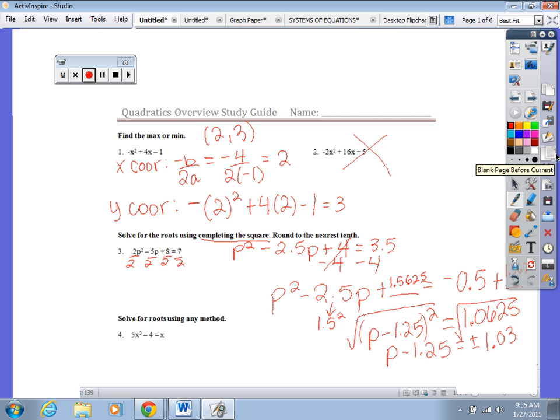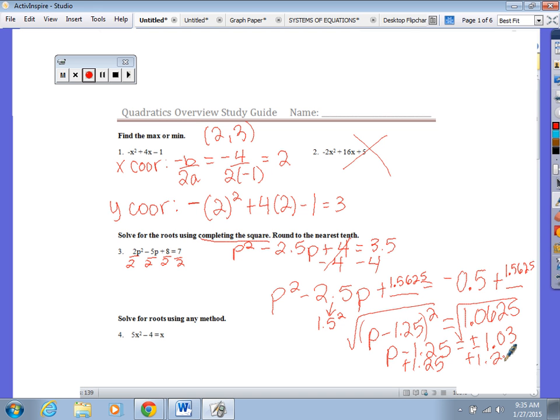Okay, now what do I need to do? Okay, so what are my two problems that I have? Good. Or we could say 1.03 plus 1.25 or negative 1.03 plus 1.25. What are we going to get when we do that? Let's do this one first together. Everybody do 1.03 plus 1.25.